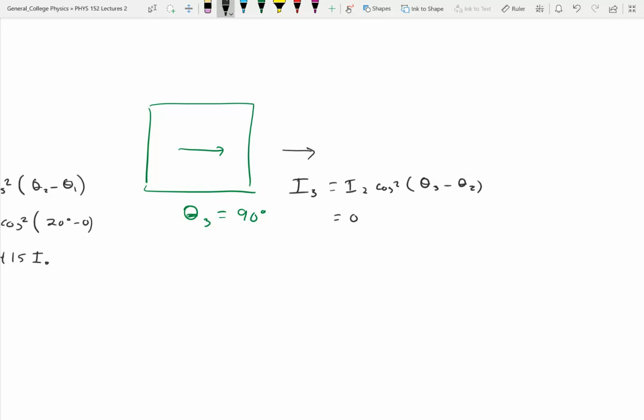So that's 0.4415 I0 times cosine squared of 90 degrees minus 20 degrees, which is 70 degrees. And that comes out to be 0.0516 I0.